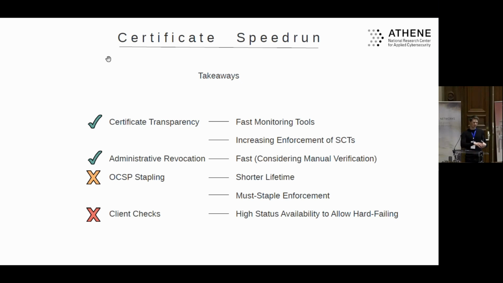Currently, if you don't gossip, you can still trust the logs on a trust basis that they operate correctly, and in that case you would still get the benefit of being able to see these certificates and being able to much more quickly revoke certificates. But obviously this needs to be supported more widely so that you can rely on this system functioning properly. Yeah, thank you.